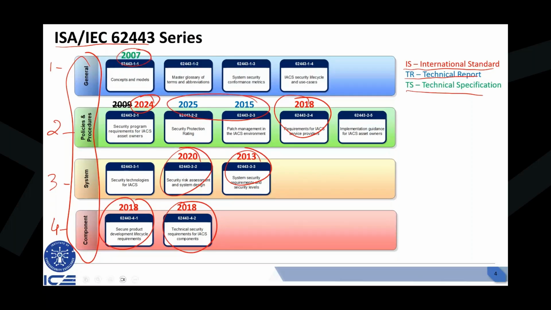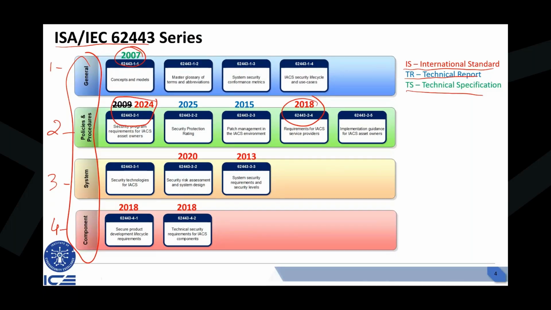We also discussed yesterday that even though you have some extra boxes over here without a date, these dates on the top are the years in which the standards were released. So you can see 1-1 came out in 2007, 2-4 came out in 2018. 2-1, originally the first version came out in 2009, and then in 2024, the new version came out.